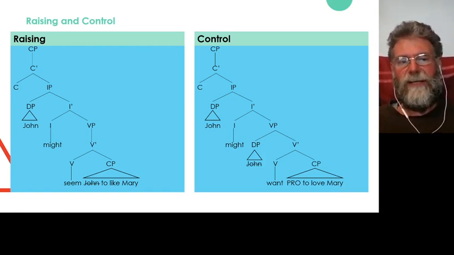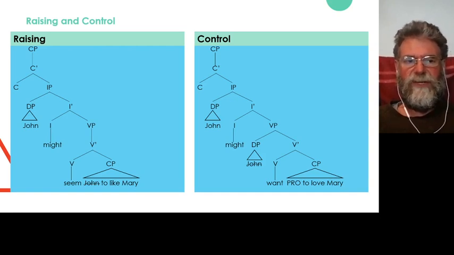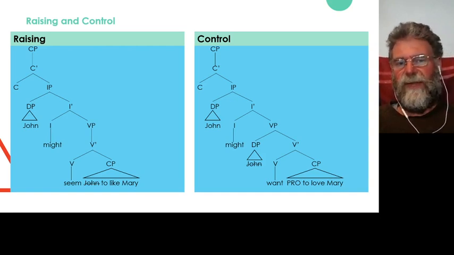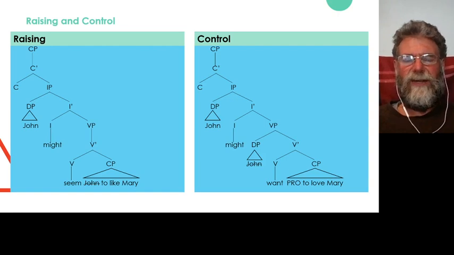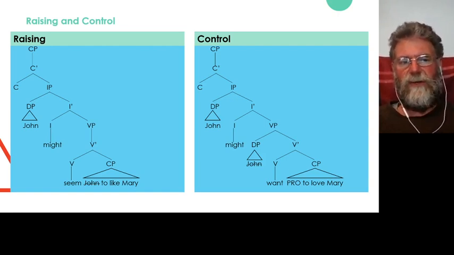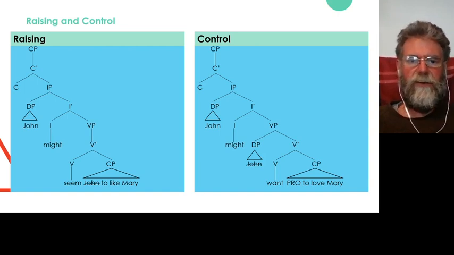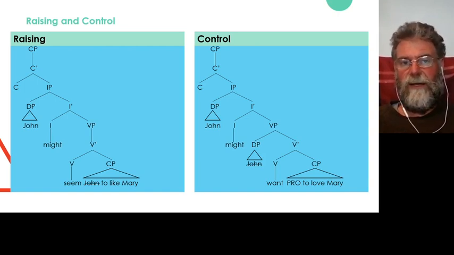We've got John sitting in the subject position of both of them, but the difference is where that John came from. In the raising case, John has moved all the way out of the lower clause, whereas in the control instance, John has moved from the same clause in the VP position.